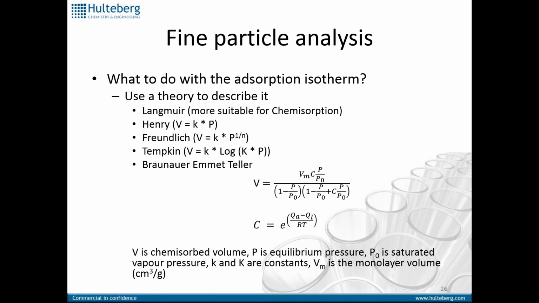There are many different isotherm models available: Langmuir, Henry, Freundlich, Temkin, but the most used one in this context is the Brunauer, Emmett, Teller, or BET, where the volume, physisorbed or chemisorbed, can be described by this equation, which basically takes the monolayer volume, multiplies it by a constant, which is down here, and then takes the pressure divided by the surrounding pressure, or saturated vapor pressure. And then you can calculate the monolayer volume.